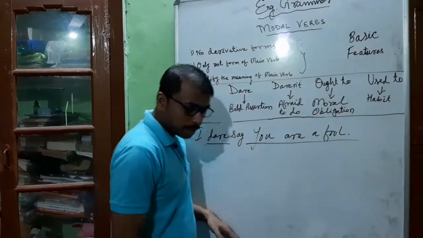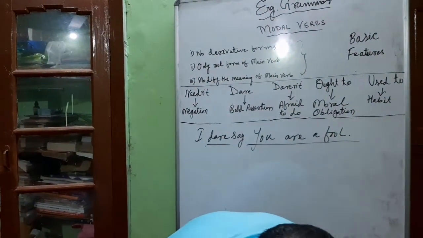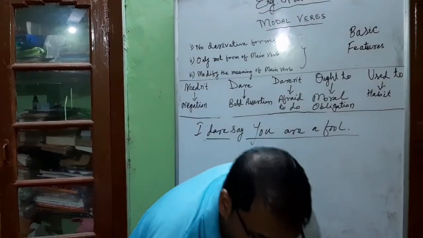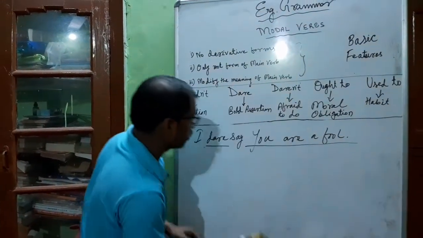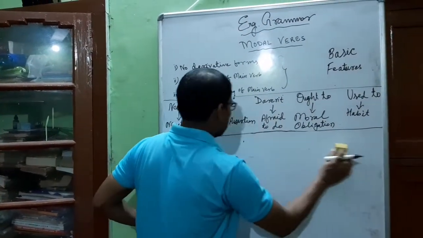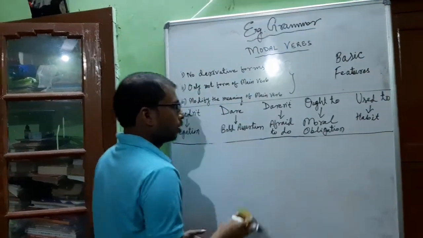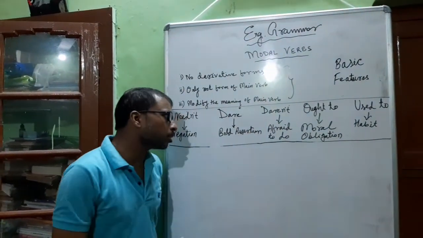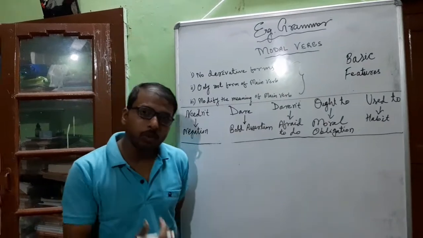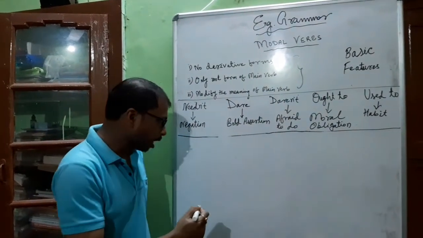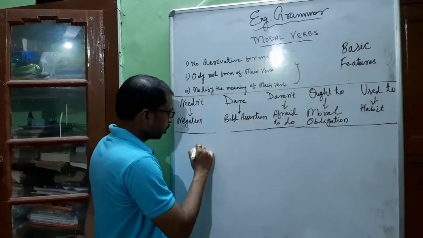Now coming to the next, that is dare not, or daren't. Daren't means I'm afraid to do something. Let's see how we use it.